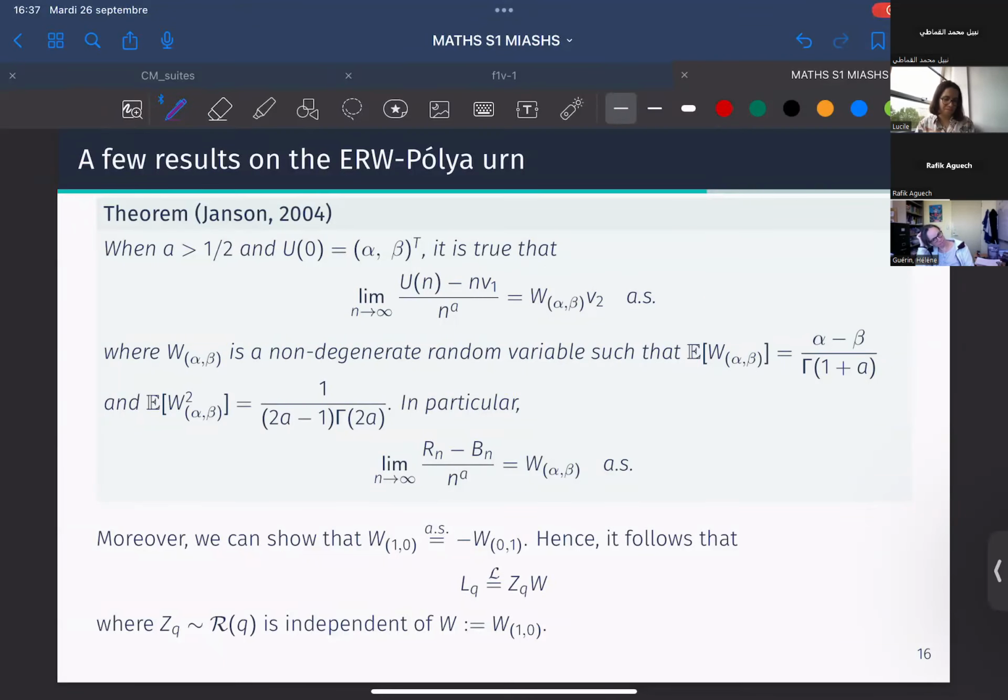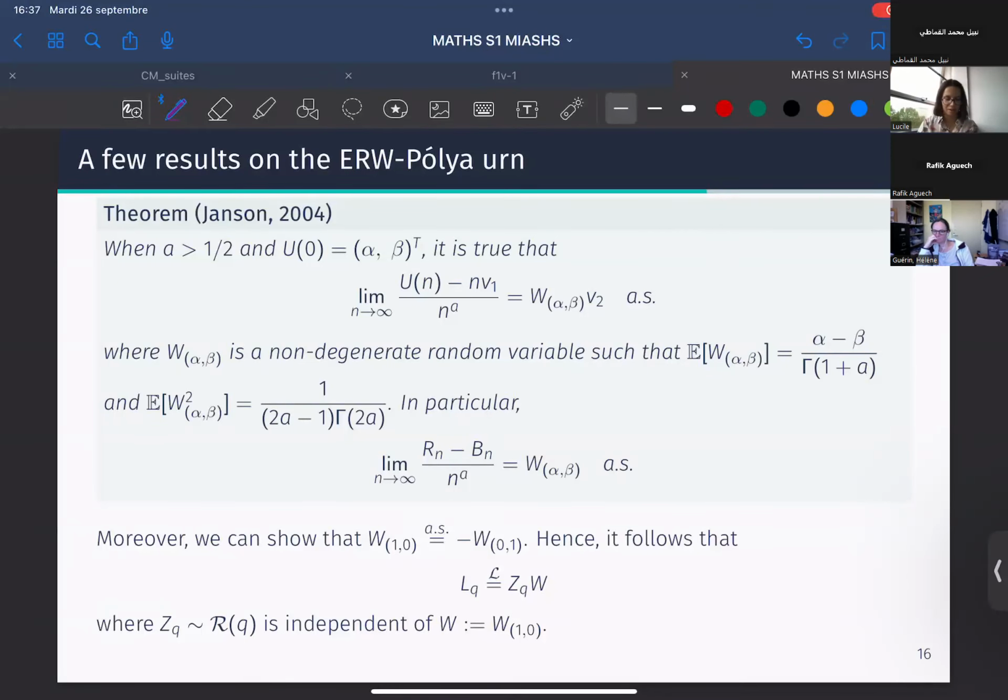And this random variable, we know that it's a random variable and not a constant. We know its expectation, and we know its moment of order 2.